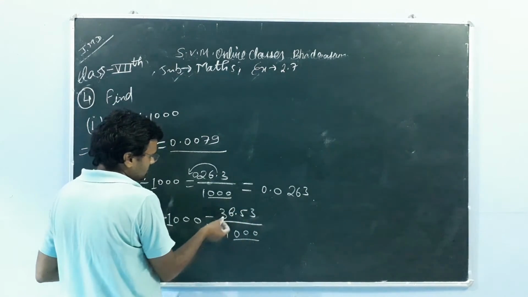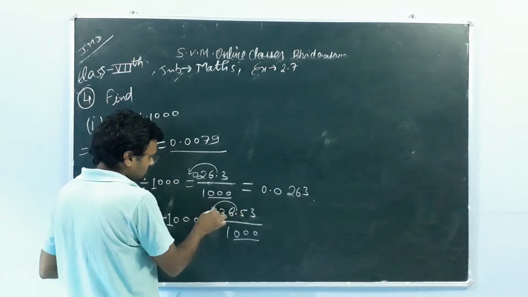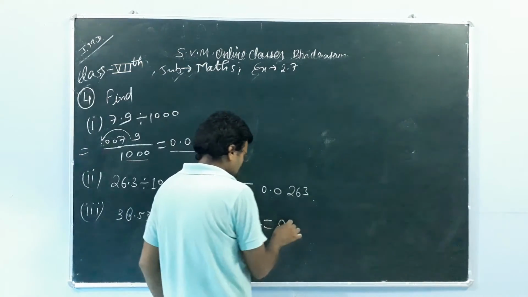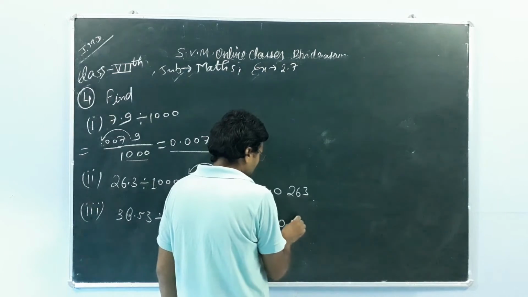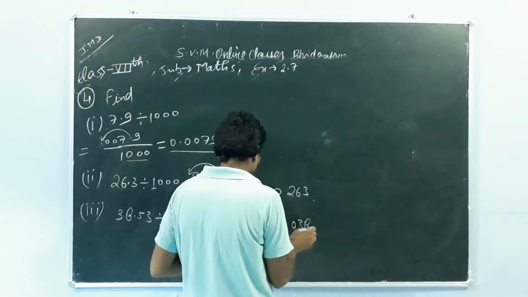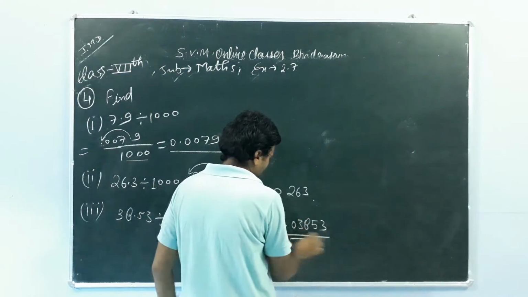These three zeros will make our point move from here to here. So it will give us 0.03853. This is our answer.